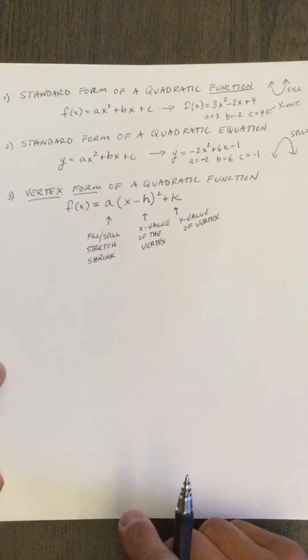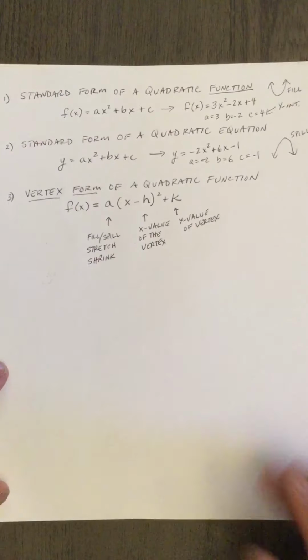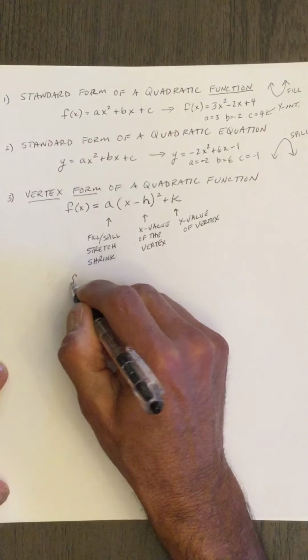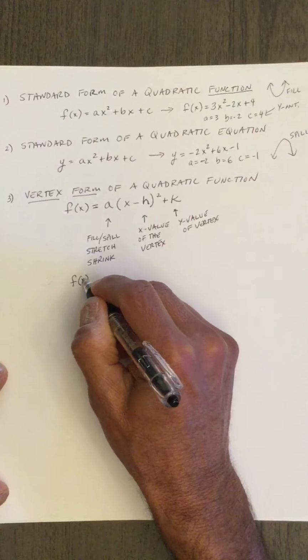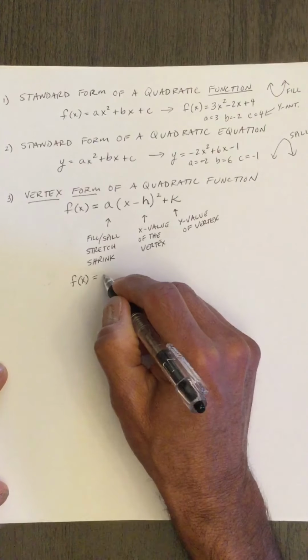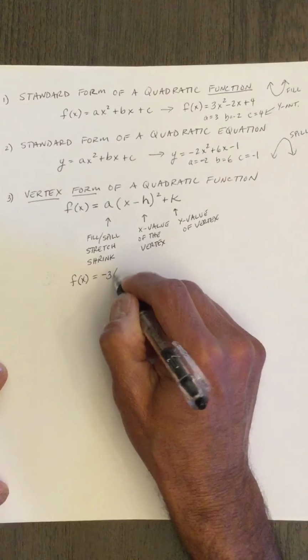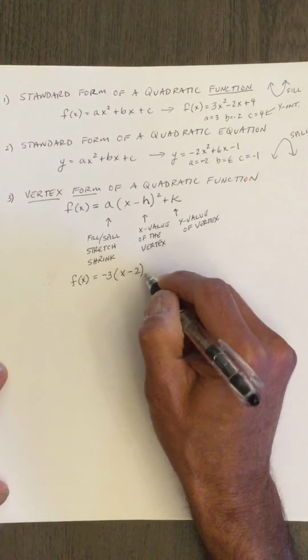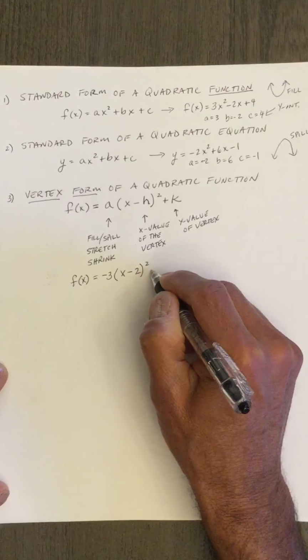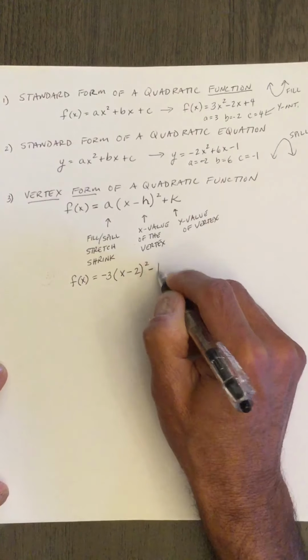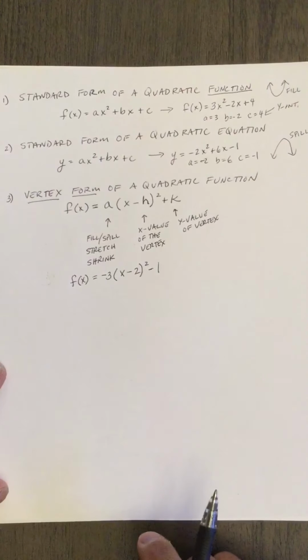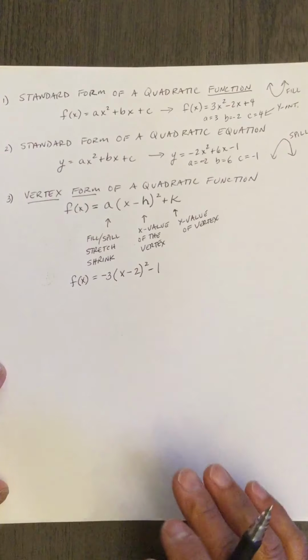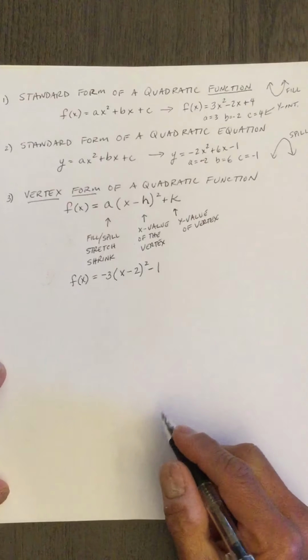Okay? So, if I gave you a problem that said something like this, f of x equals -3, and then I had x minus 2 squared minus 1, okay, there's certain things that I can tell you just by looking at this, okay?